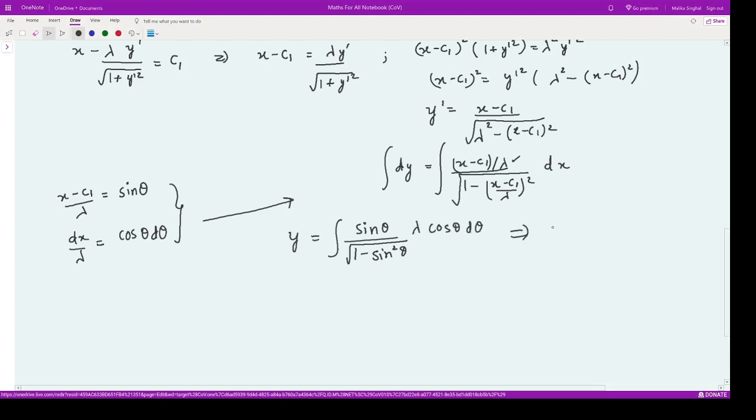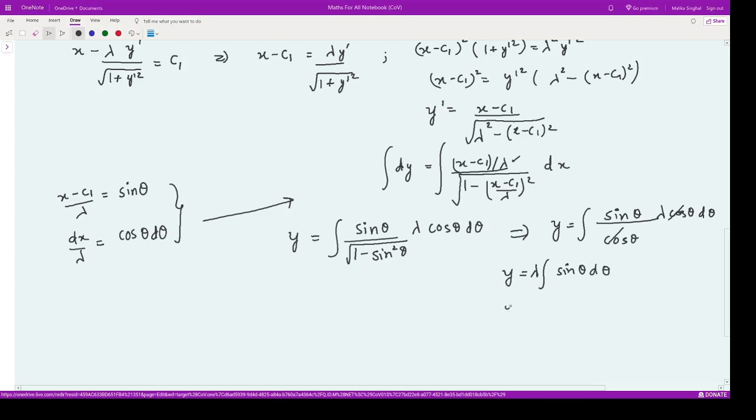So solve it a little, let's see what appears. So we have integration sine theta divided by cos theta into lambda cos theta d theta. This cos theta cancels, so we have y is equal to integration, lambda being a constant is taken out, so we have lambda integration of sine theta d theta.